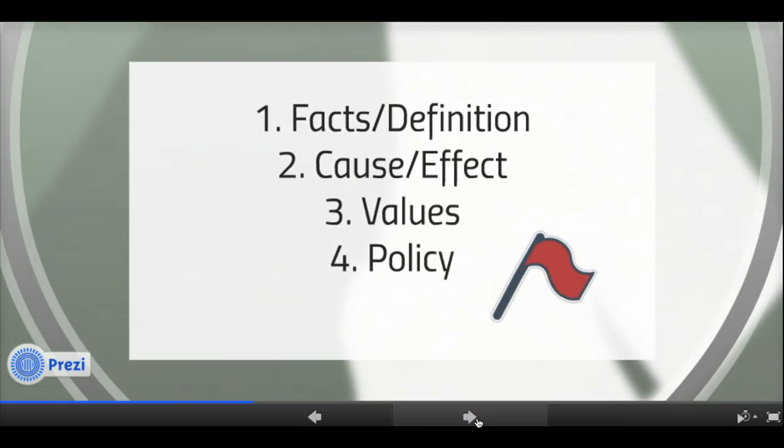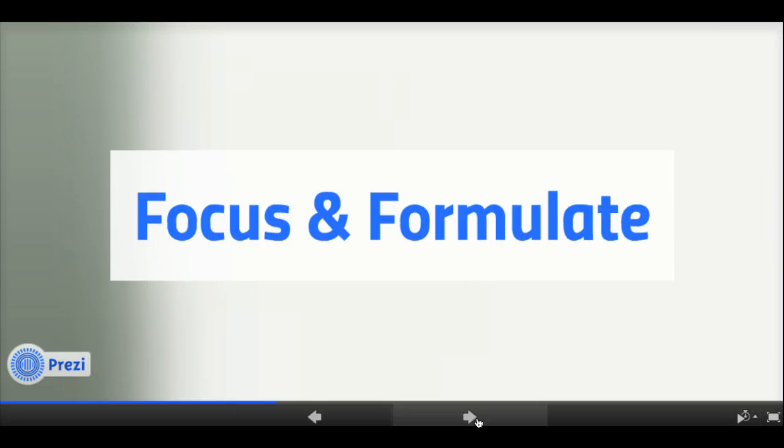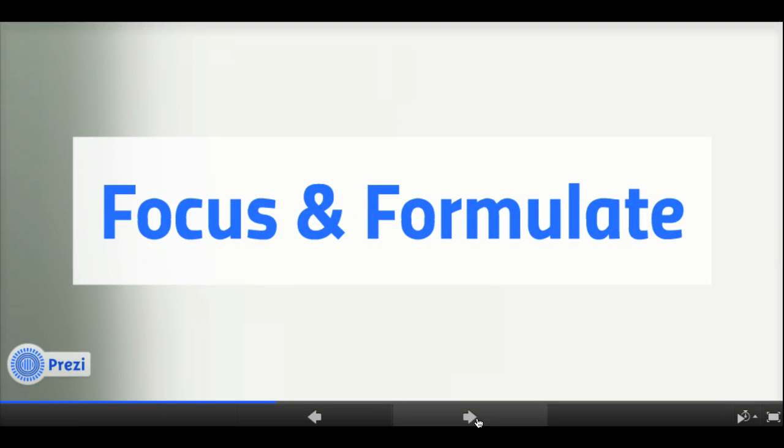By digging into all of these claims, we'll be able to identify them in other readings over the next couple weeks. These claims are really important because they help us to focus and formulate our argument. They help us to decide what we really want to talk about, and they also help us to make the most effective argument for the audience we're trying to reach.